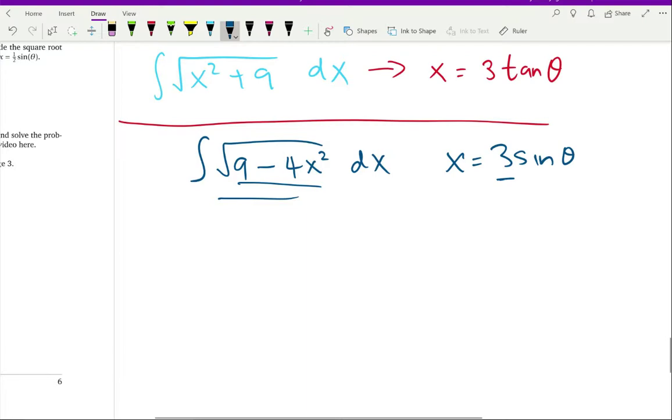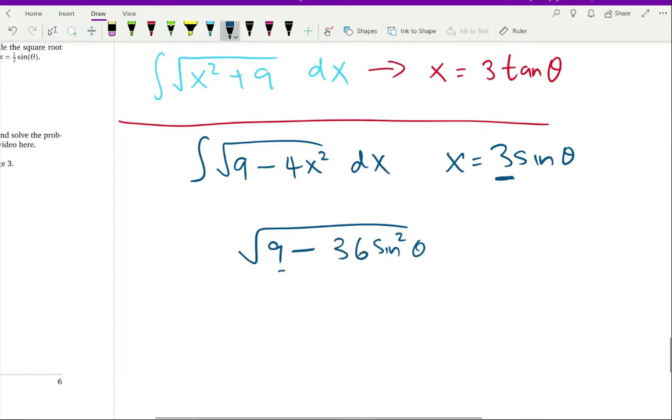Okay, so let's see whether we can do that here. Let's only focus on the square root part. 9 minus 4x square, with x equal to 3 sine theta, is 9 minus 4 times 3 square sine square theta, so 4 times 9 is 36 sine square theta. If you choose that a, you can factor out 9 for sure. So it's 1 minus 4 sine square theta.